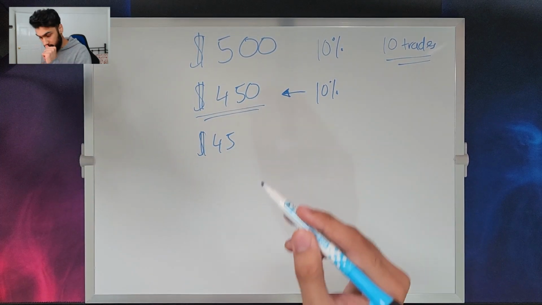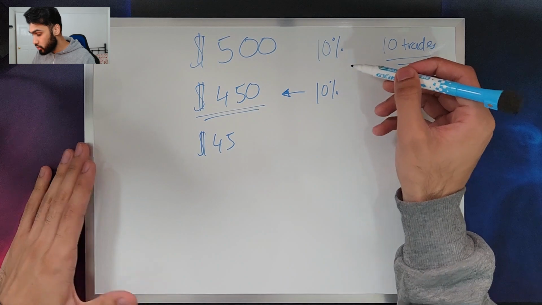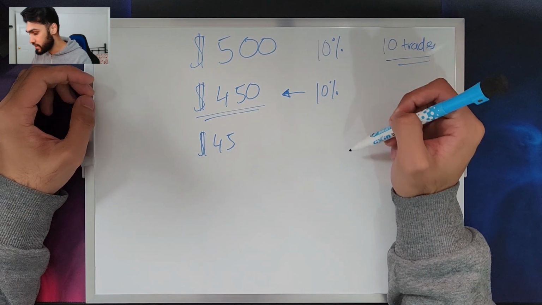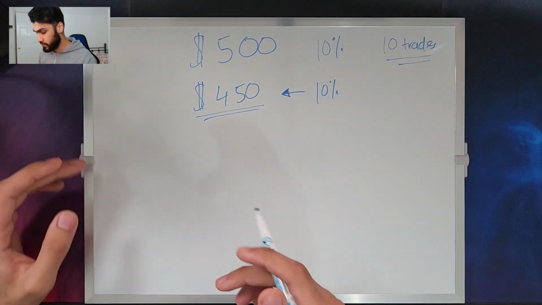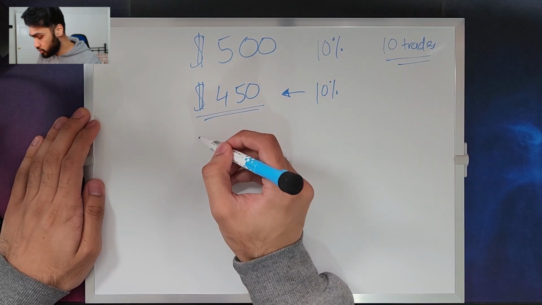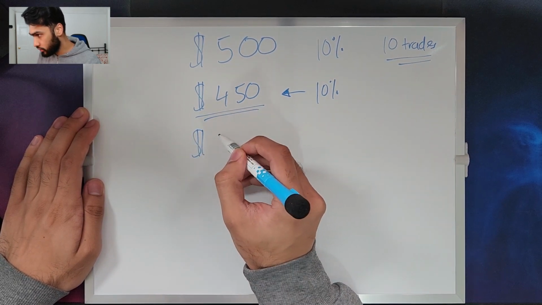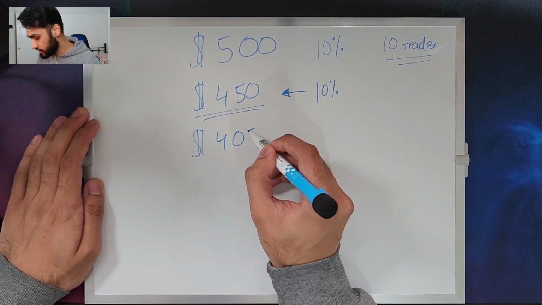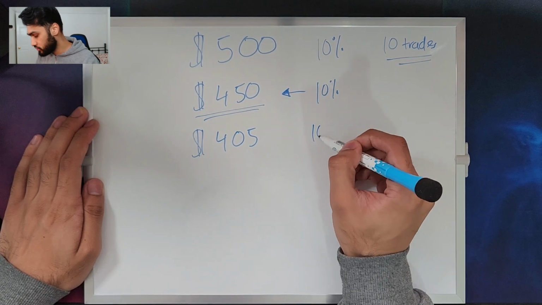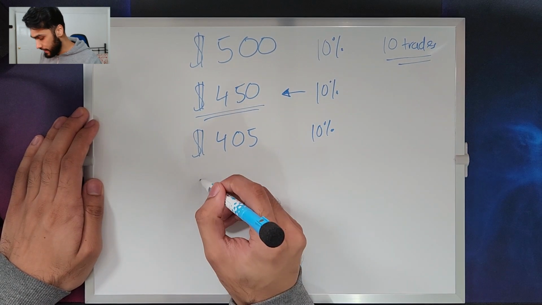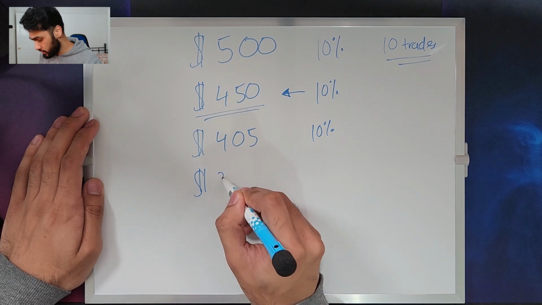Now, by doing this, it will take you way more trades to blow your entire account. So to give you an example, if you then lose another trade, your balance has now gone to $405. Now then you risk 10% of that again.